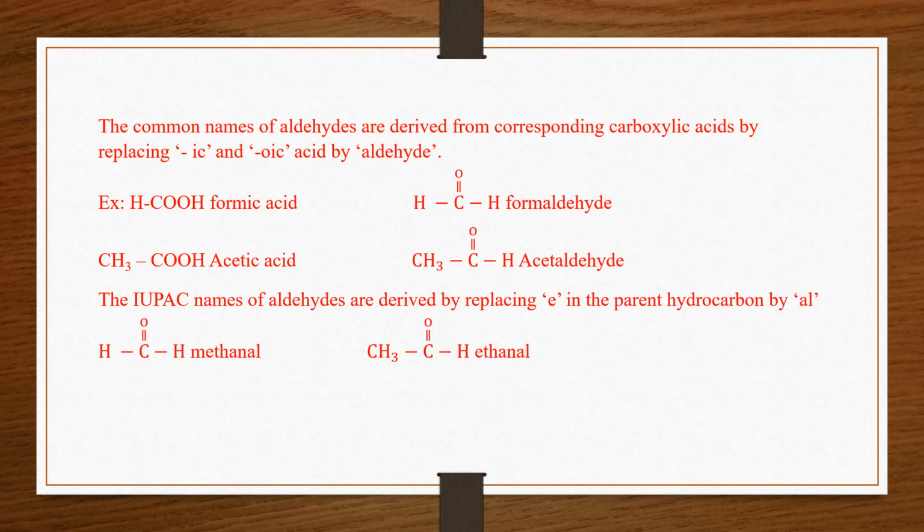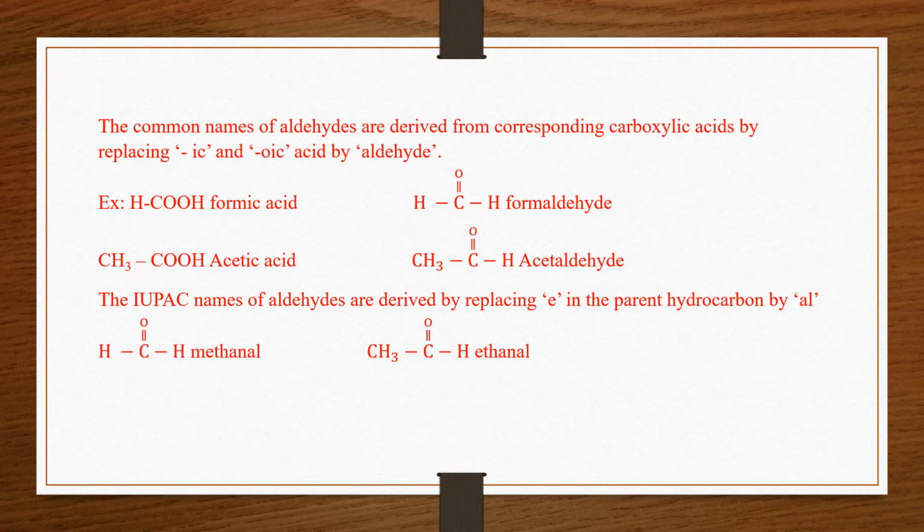The structure HC double bond O H. How many carbons are there in this structure? Only one carbon. Can you name the alkane which has only one carbon? That is CH4. What is its name, students? Its name is methane.